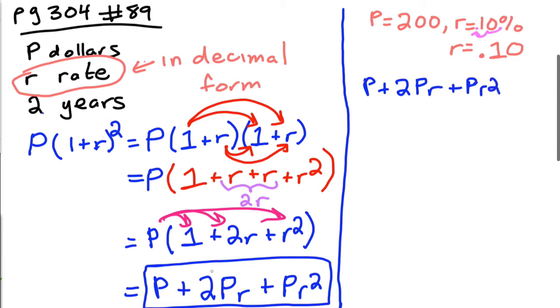And if I plug in the 200 for all the P's, and then I plug in 0.10 for the R's, 0.10 or 0.1.